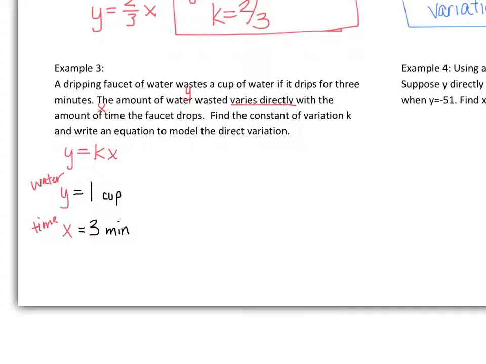Okay, so we can use those to find k. Remember, we can move things around, so k is y over x. So k equals 1 divided by 3. There you go. Okay, well that's part of our answer. Now, we have to get the equation, so what do we do?